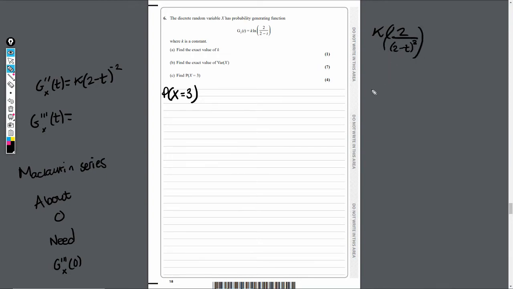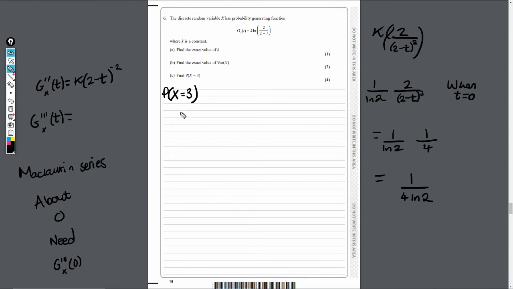And then writing that in terms of k, well k is 1 over ln 2, so 1 over ln 2 times 2 over (2 minus t) cubed when t is 0. Well, what would I get when t is 0? So that's going to be 2 over 2 cubed, so it's going to be 2 over 8 or 1 over 4. So I'm going to get 1 over ln 2 times 1 over 4. So I'm going to get 1 over 4 ln 2. Okay, so 1 over 4 ln 2.